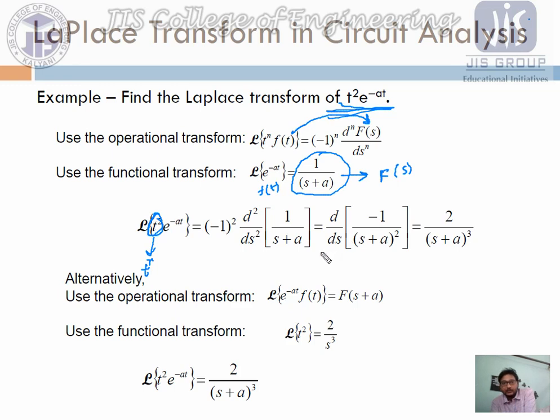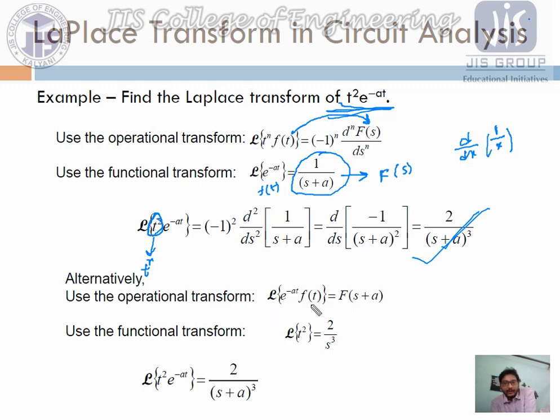It is the same formula used for 1 by x, or x to the power minus n. So the same formula is used here, x to the power minus 1, and we get 2 divided by s plus a whole cube.